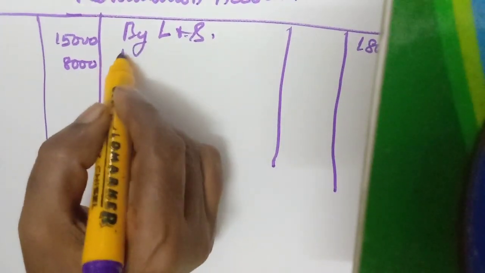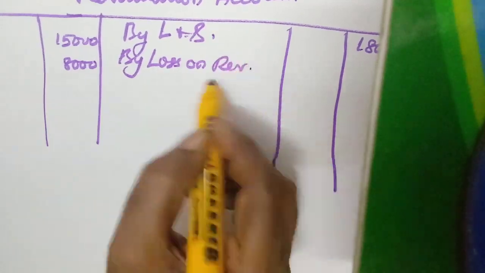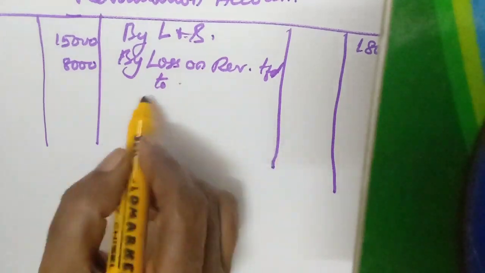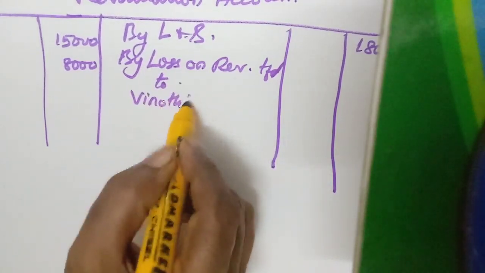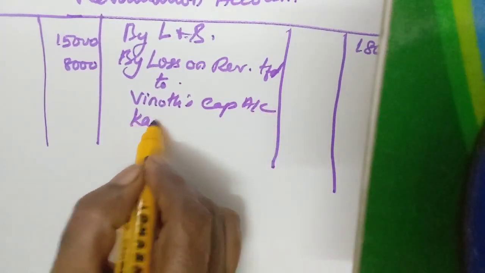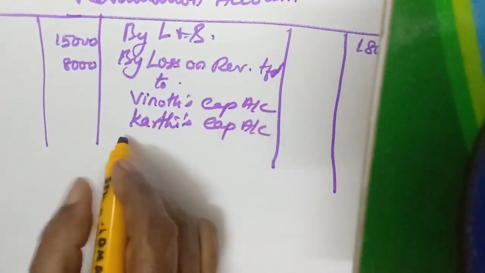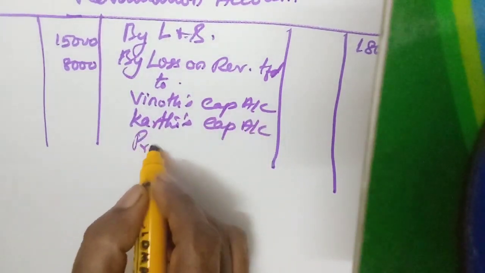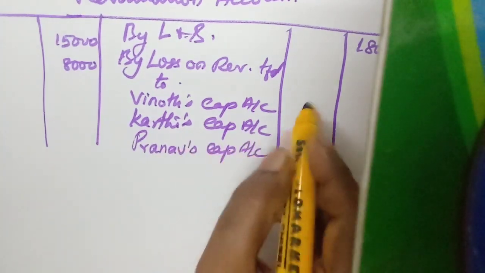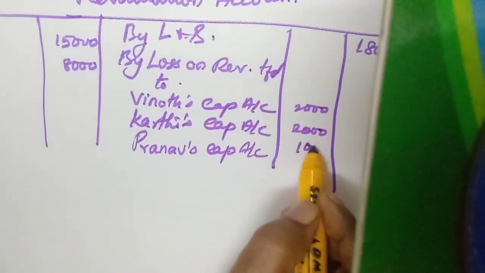So here by loss on revaluation transferred to Vinod's capital account, Karti's capital account, Pranav's capital account. 2,000, 2,000, 1,000.